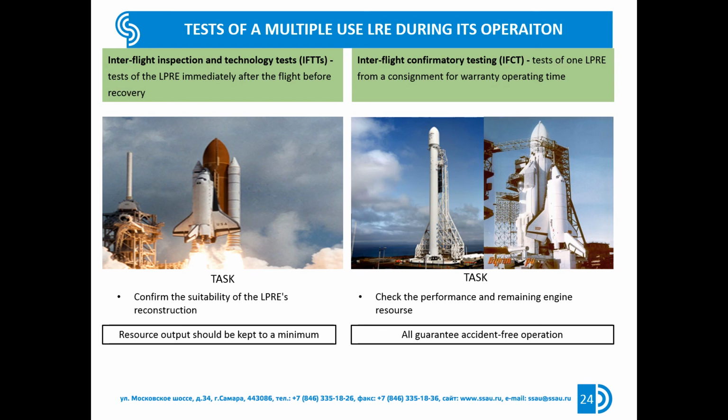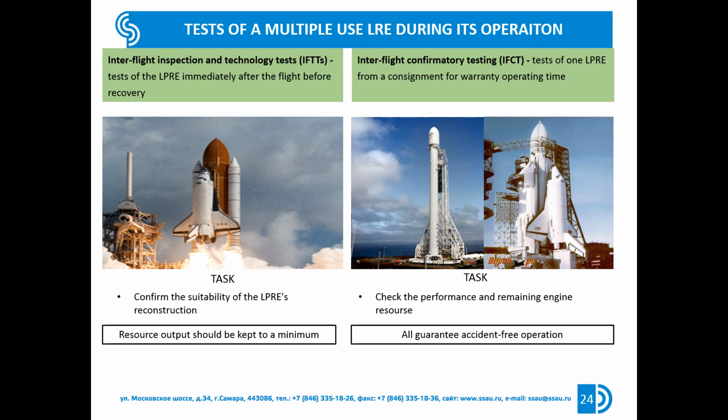One of the previously operated LPREs that have passed the inter-flight technology validation test is selected for inter-flight confirmatory testing. It is subjected to tests for warranty operating time. The size of the batch is specified in the design documentation.